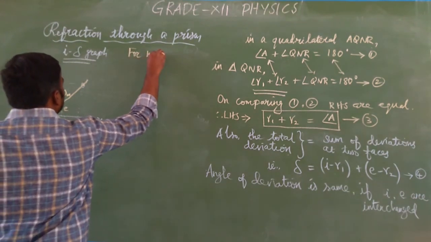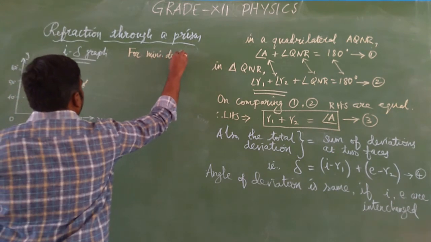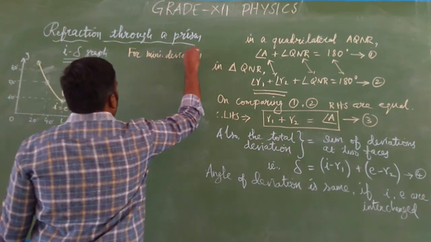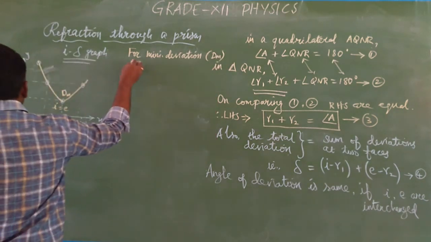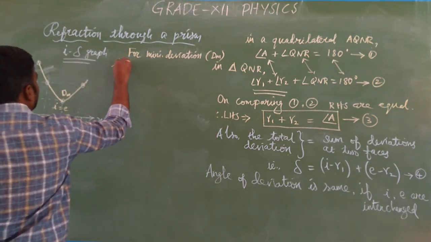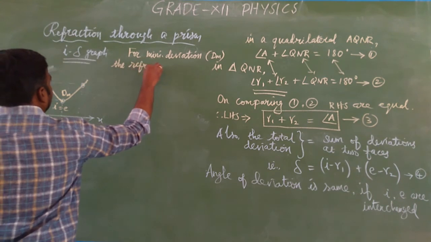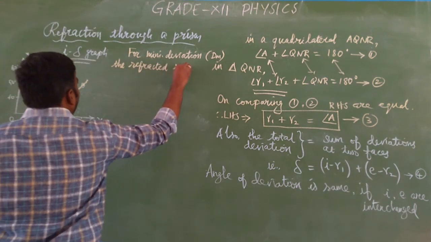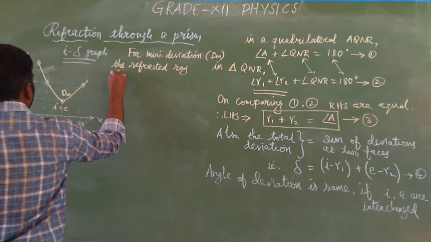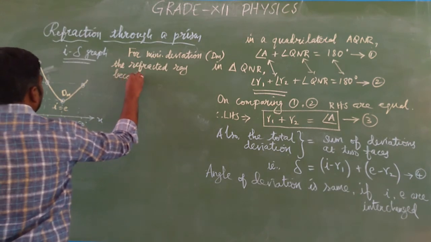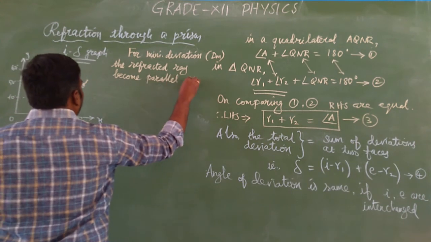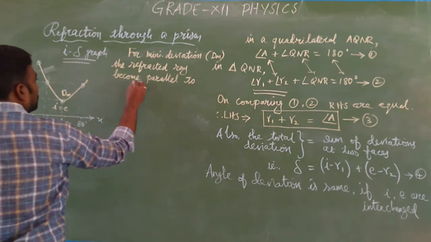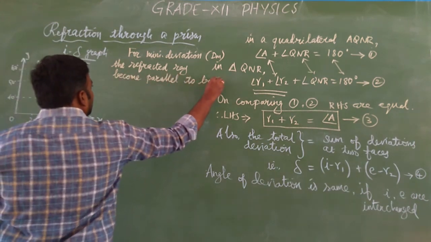For minimum deviation, the refracted ray becomes parallel to the base of the prism.